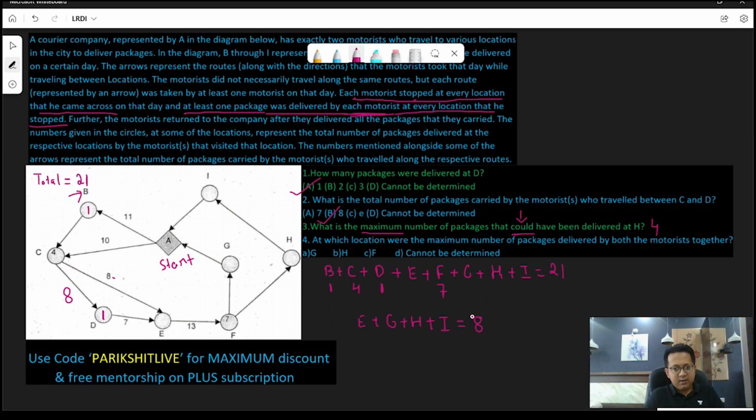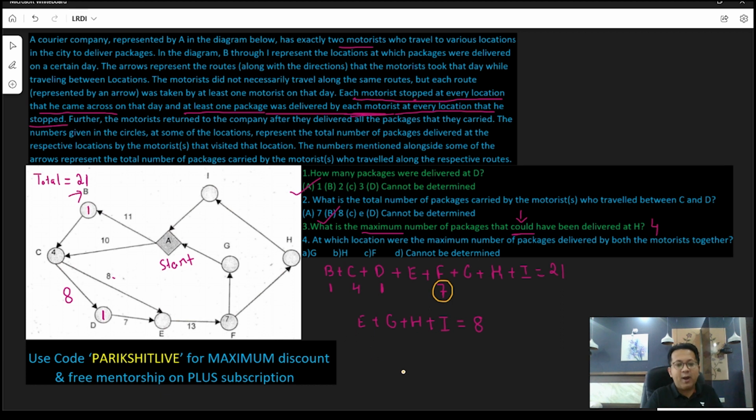Now think about it. Currently, 7 is the highest number. Can you have another number equal to or greater than 7? No. Why? Now that E plus G plus H plus I is 8 and the minimum for each of them has to be 1.